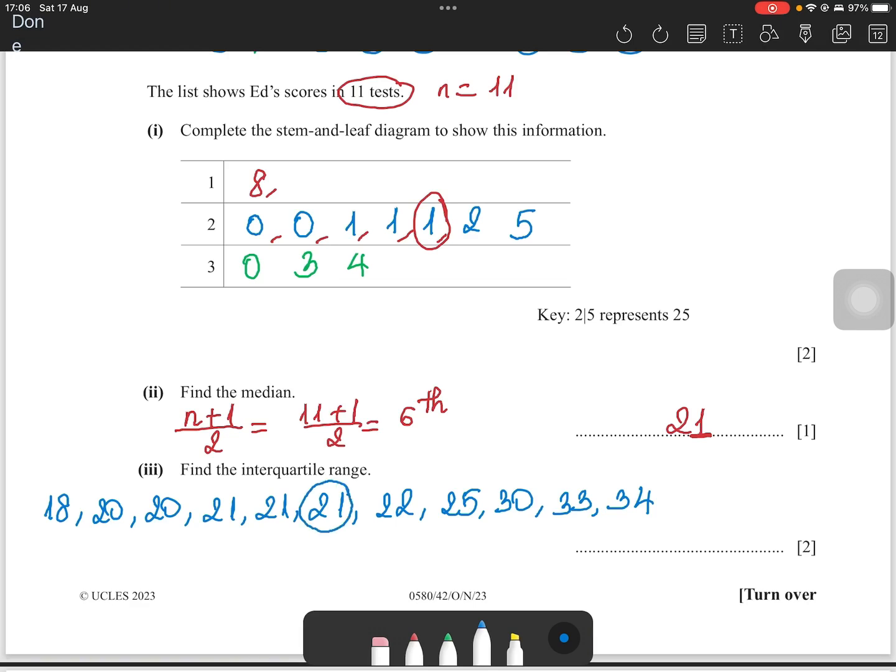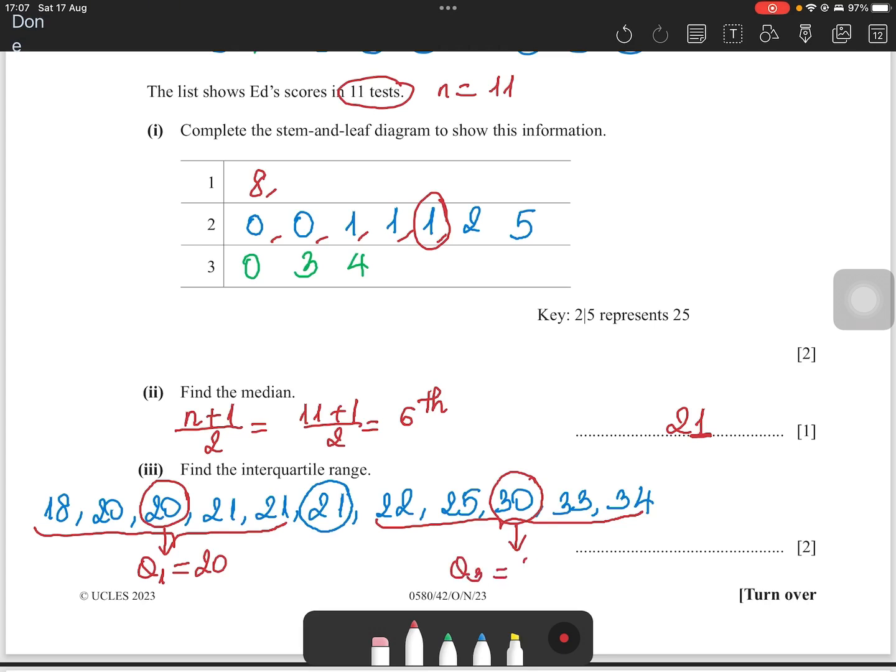So to find the interquartile range, you will need to find the lower quartile and the upper quartile. For the lower quartile, we need to check this set. There are 5 numbers, so the middle value is the 3rd, which means Q1, the lower quartile, is 20. And for the rest of the set, there are also 5 numbers, so the middle value is 30, which means the upper quartile is 30.